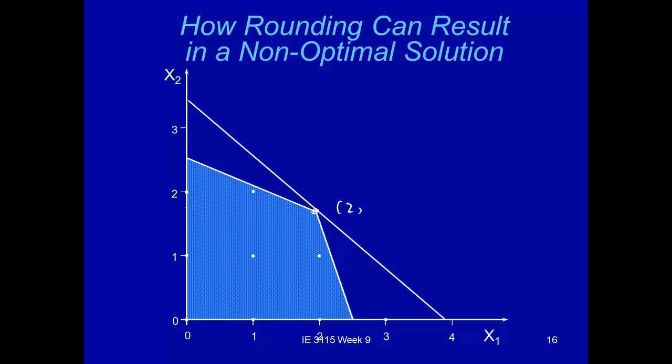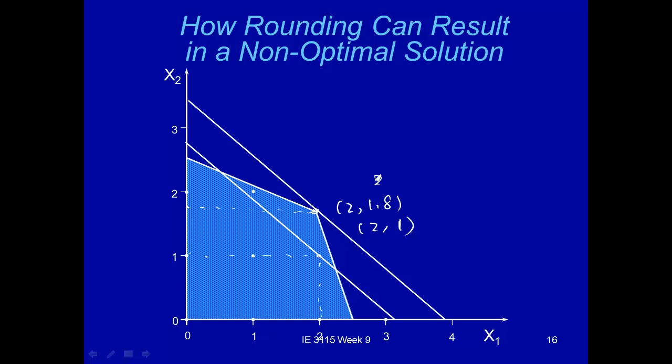Okay, and x2 is 1 point something, say 1.8. Okay, and if you round it, we know that we can't round this to 2 because it becomes infeasible. We say, okay, what about we round it to 2 and 1? It is feasible. It's this point here. Okay, so this point is 2 and 1.